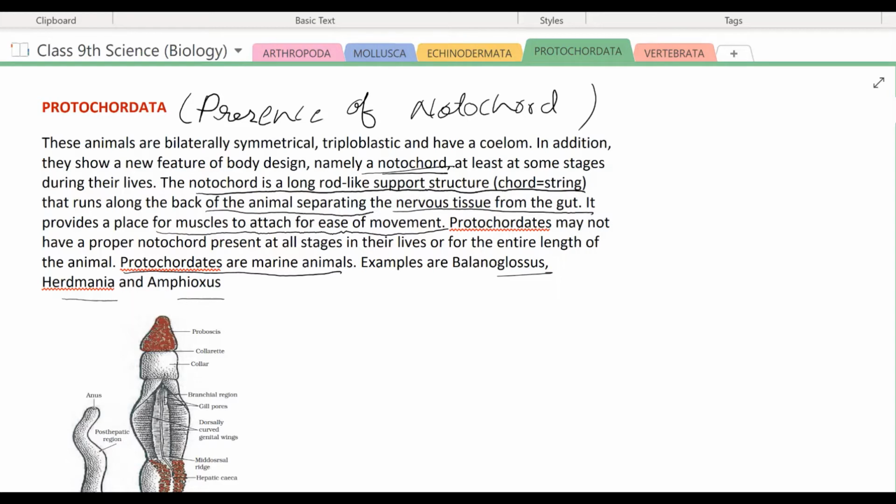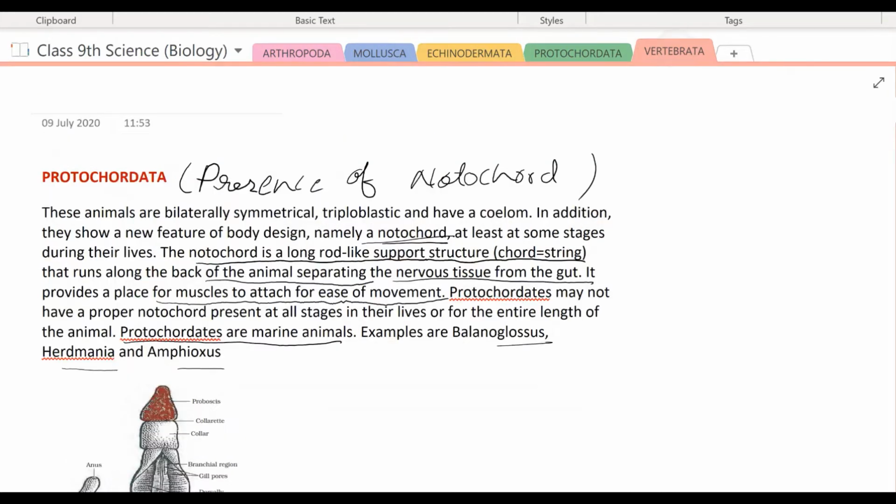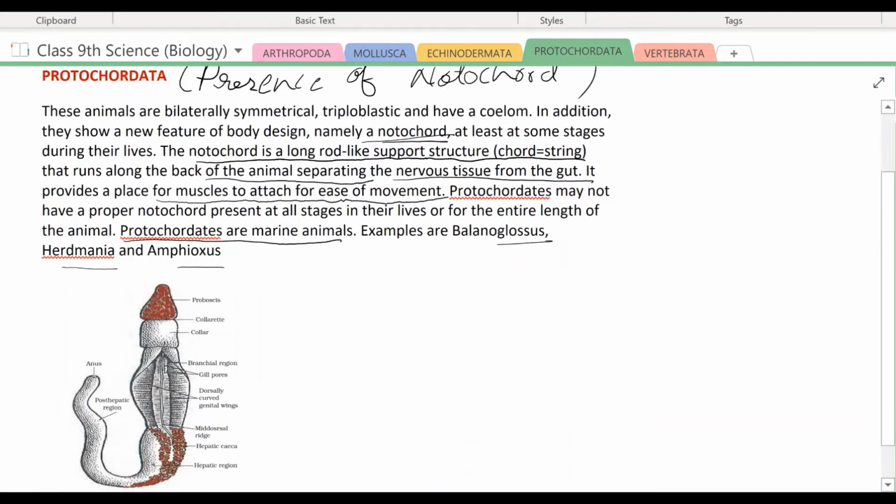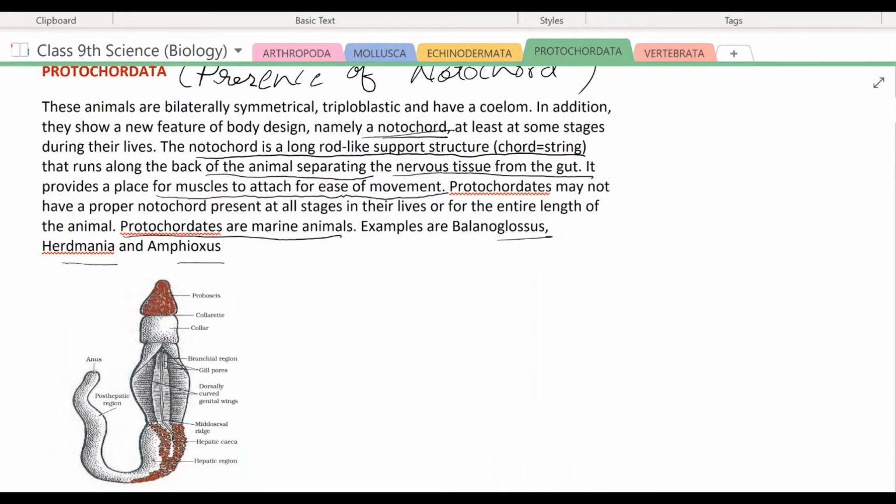I have already discussed that the notochord is present at least at some stage during their life cycle. Examples: Balanoglossus, Herdmania, and Amphioxus.